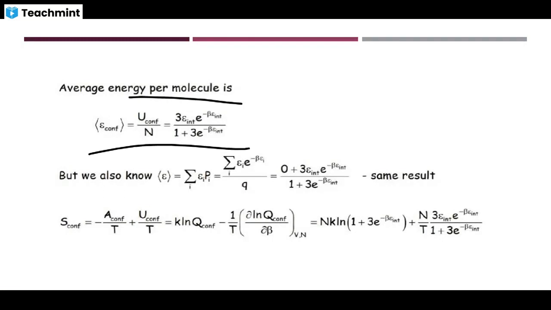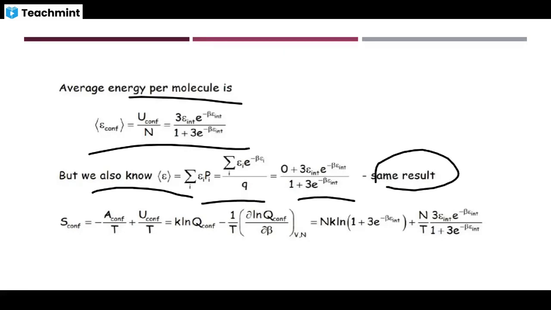Then we know E equals the sum of psi i times p i. Substitute p i as e to the power minus beta psi i divided by q, then substitute the value, and you get the same result.